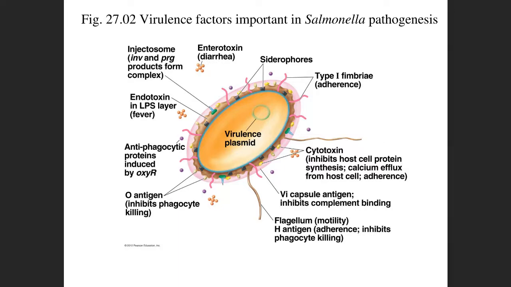So if the bacteria produces an O antigen, our body will have a harder time to kill them. And then you can have the flagella, which functions as an antigen that helps the bacteria attach and avoid the phagocytes.